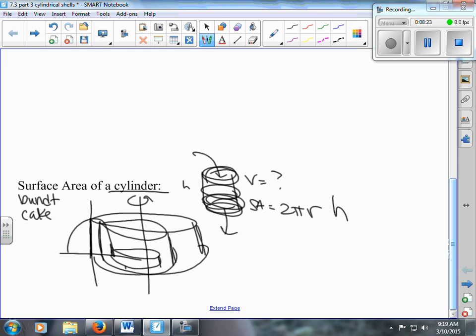And so what about volume? Well, we think about this cardboard toilet paper roll or paper towel roll as having a really thin thickness to it, right? Now, the thickness is a dr, because if your radius goes from the center out, then there's a certain amount of thickness to the cardboard.